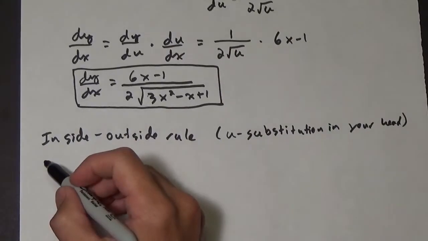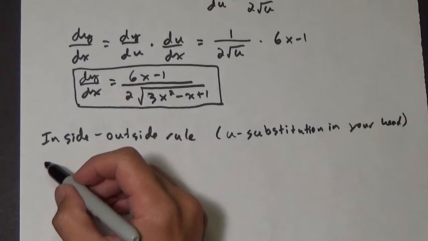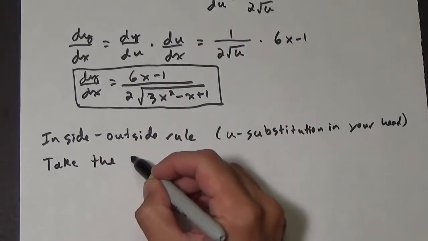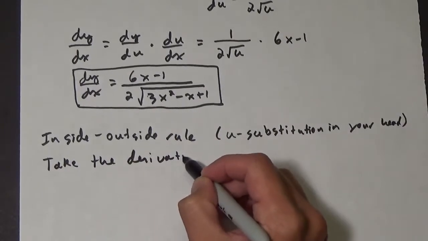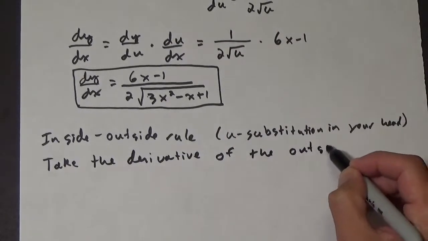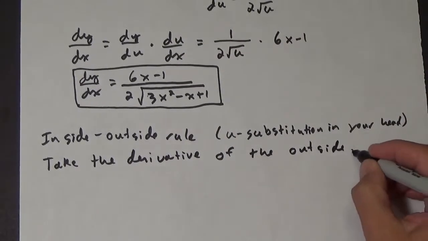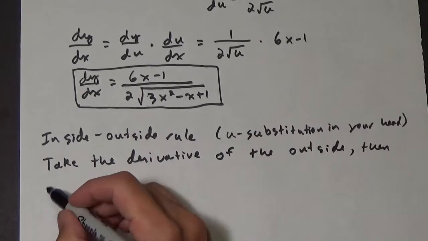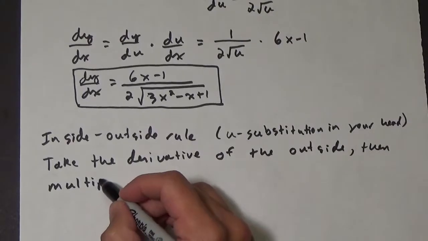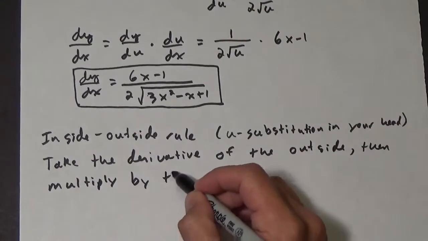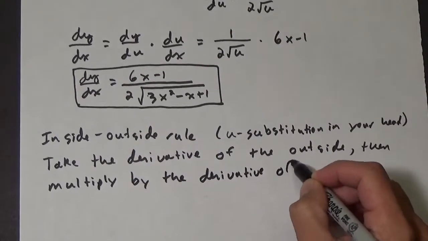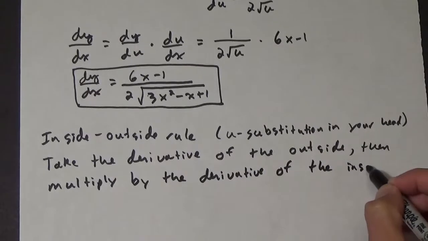But the inside-outside rule states we're going to take the derivative of the outside, then multiply by the derivative of the inside.